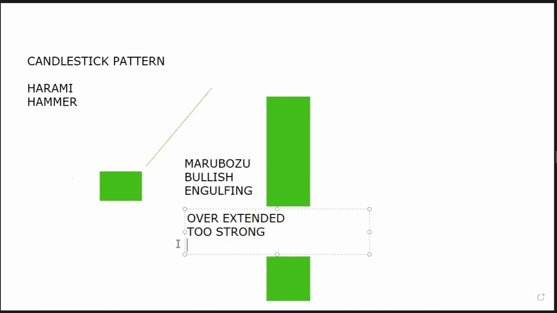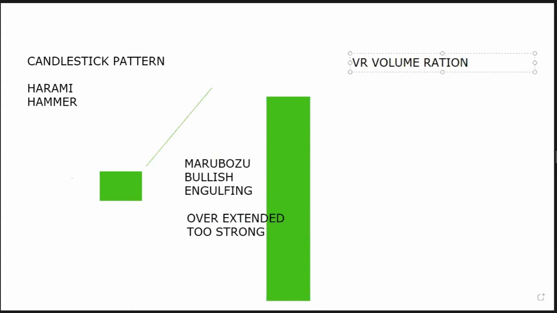Now there is an indicator to measure this overextended or too strong condition. There's an indicator called VR, the volume ratio. A volume ratio of 1 to 3 is average, not so strong.